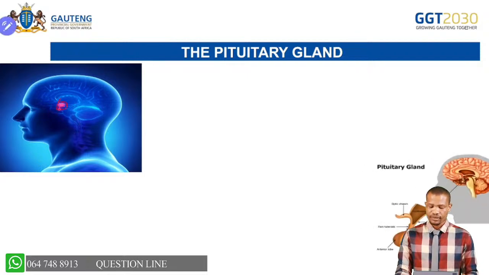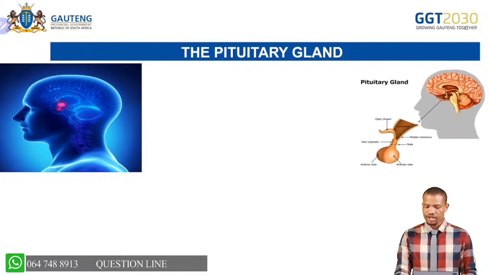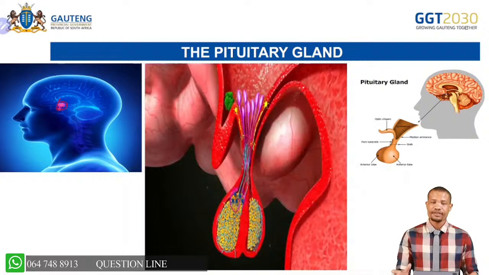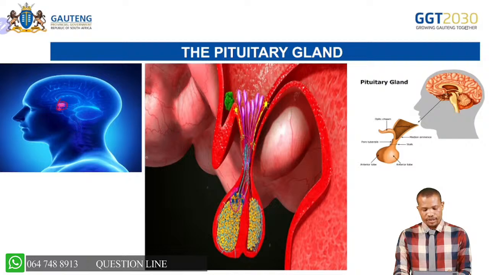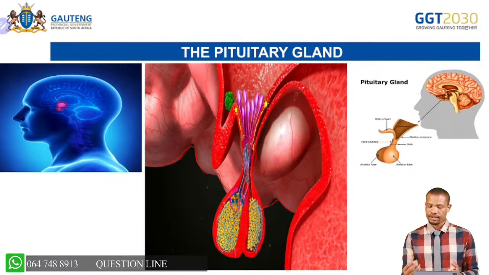Okay. And here's another illustration showing a slightly increased view of this pituitary gland. And this one is a very close view. So the pituitary gland looks just like that. It looks like a pea, okay? Right, and it's at the bottom of your brain. This is the brain, right? And the pituitary gland is just there at the bottom, okay?